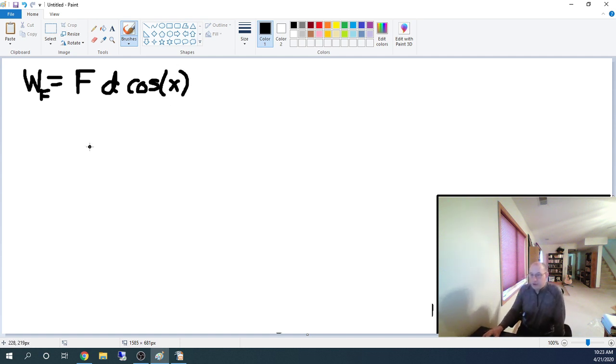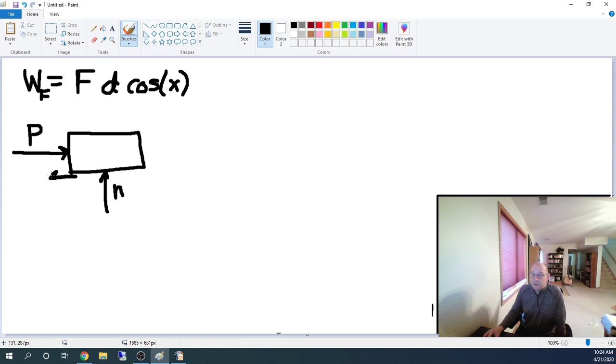Great question. So let's look at the situation where you're pushing on a block. Let's say that you push on a block to the right with a force P. Let's say at the same time there's the normal force that is supporting the object, so I'm going to label that little n. And let's say also there's a frictional force acting on the block, which goes like this.